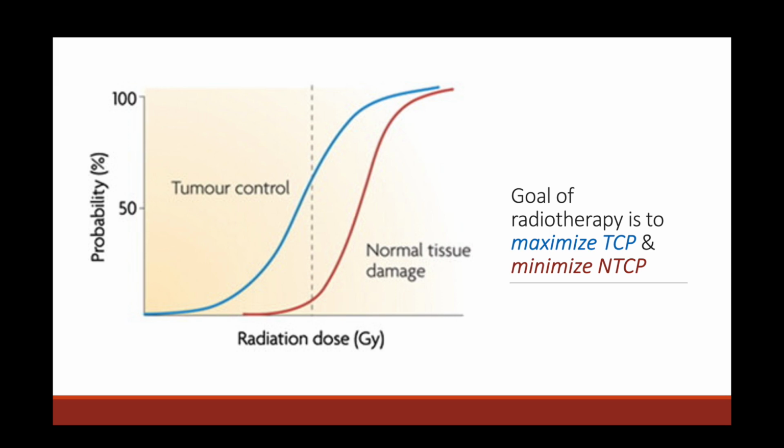And just as there are NTCP curves, there are also TCP curves, which are tumor control probability curves, which is the probability of achieving tumor control at a particular radiation dose. As you can see, these curves are sigmoidal. So at low doses, there's a very slight effect. And then there's a particular range where that curve sigmoidally jumps up. And so our probability of tumor control jumps up at a particular dose, and that probability of normal tissue damage also sigmoidally jumps up at a particular dose.